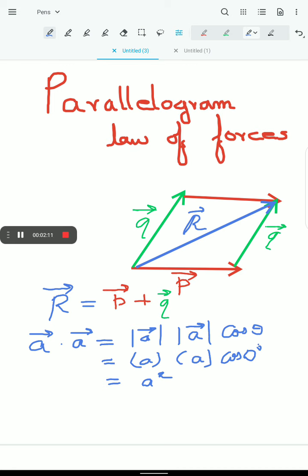Once again, let's write R equal to P plus Q, by the parallelogram law of forces, and take the dot product.